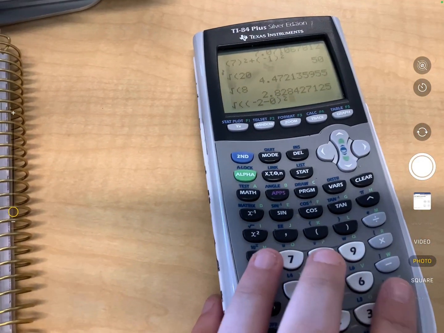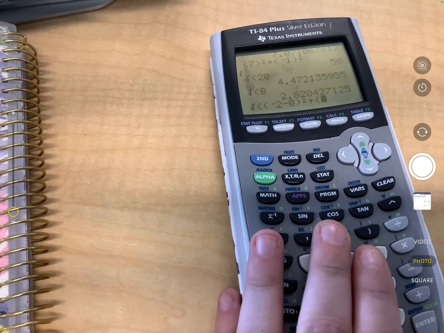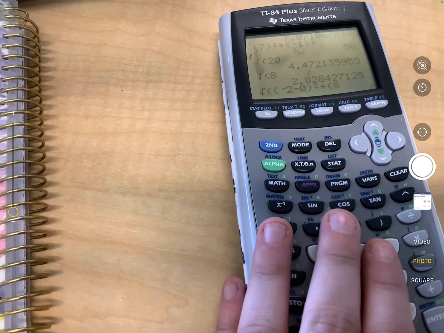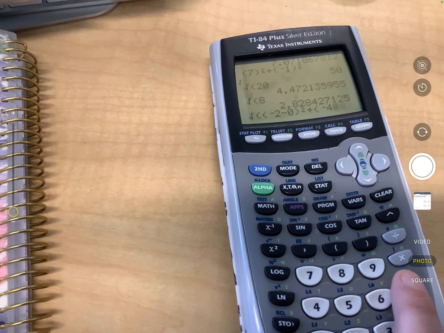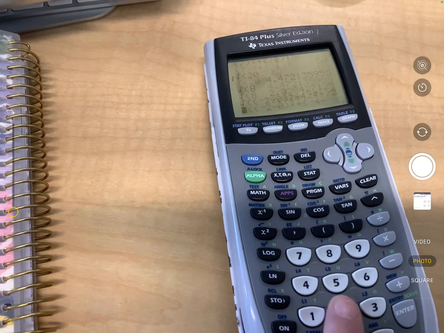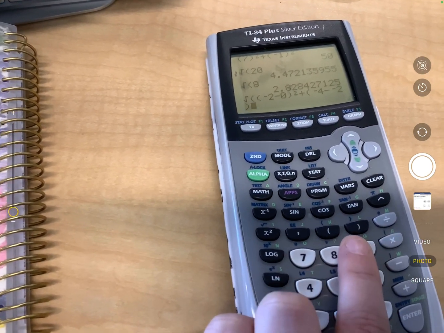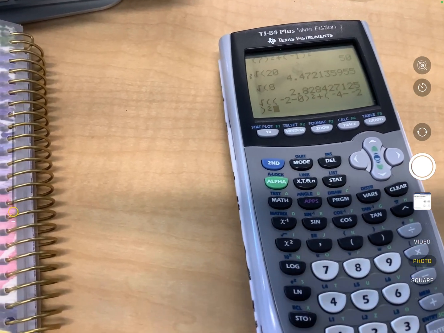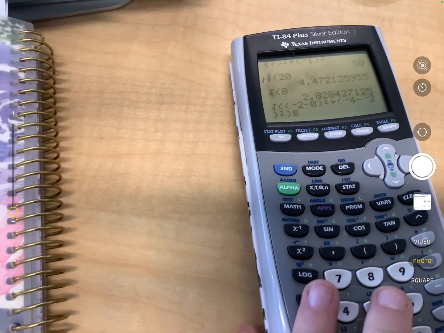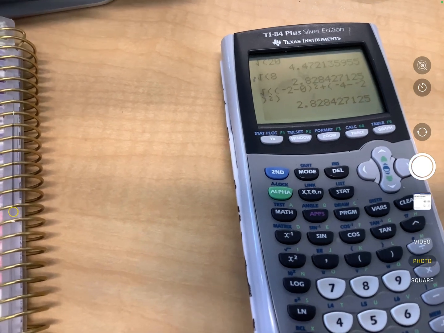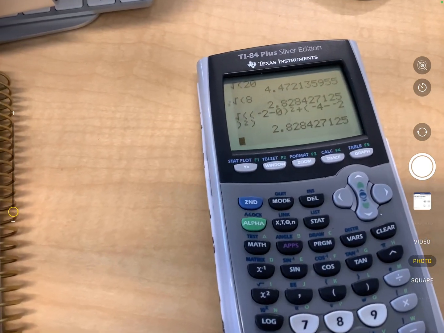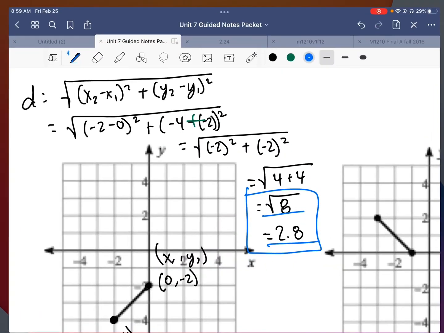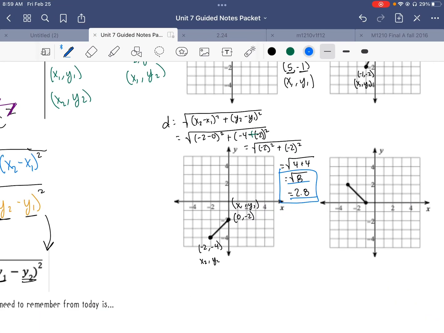And then we're going to do plus and then a new set of parentheses. And then we did negative 4 minus a negative 2. Close that set of parentheses and square it. And then we have to end the last set of parentheses also. We hit enter. Sure enough, that's the same answer. Okay. So that's a little bit of help for you if you were struggling with the calculator part.